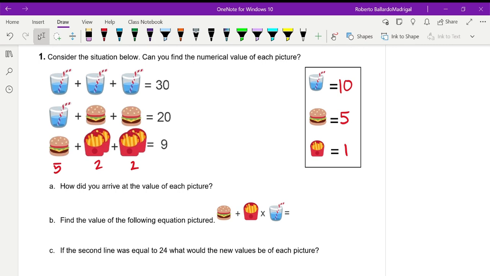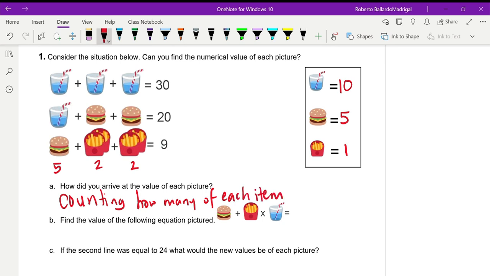Okay, so just counting, I guess. Counting how many of each item. Did anyone do anything very mathematical, like, oh, I noticed there were 3, so I multiplied by this number, or I divided by this number? Or anyone have a different explanation other than just counting?